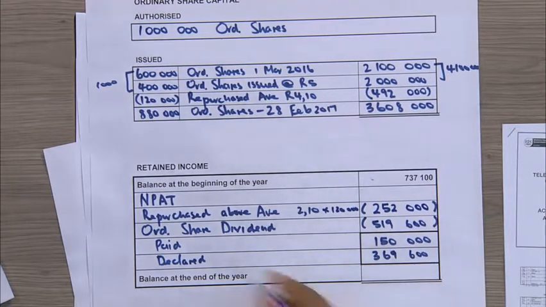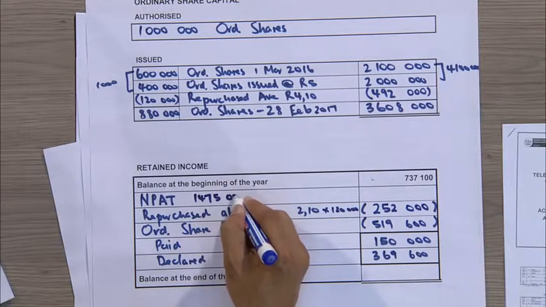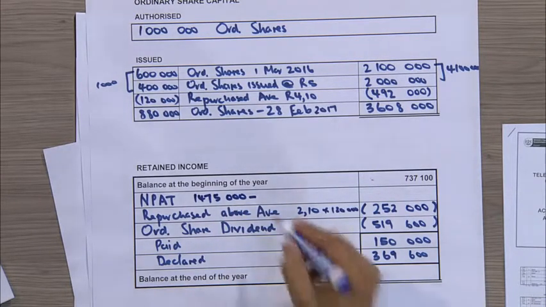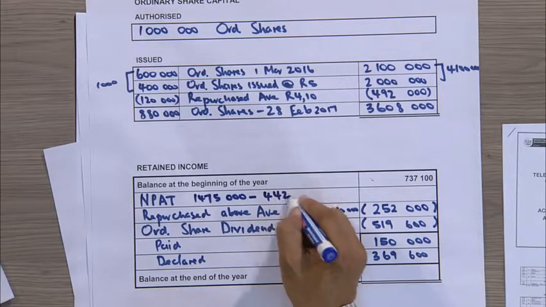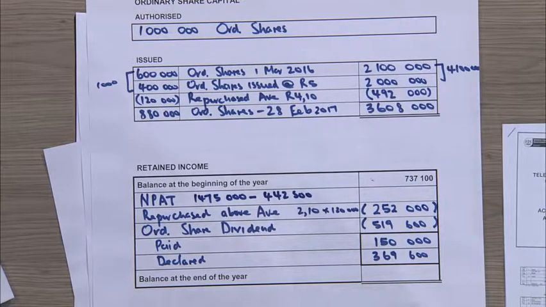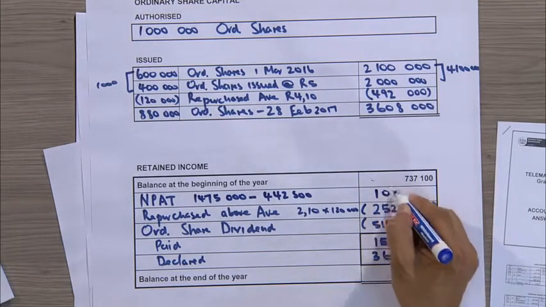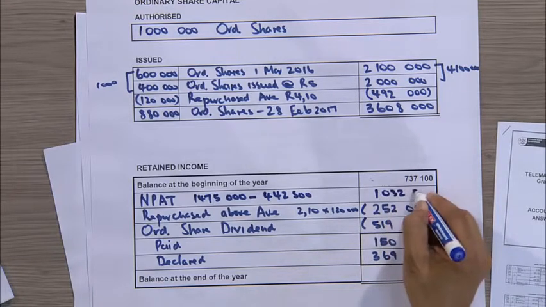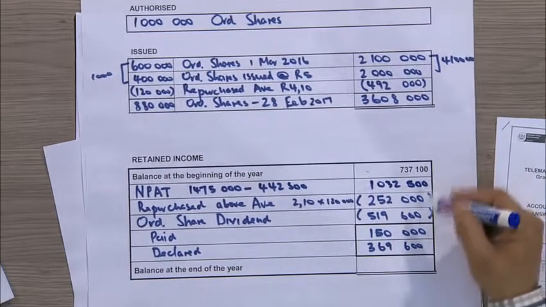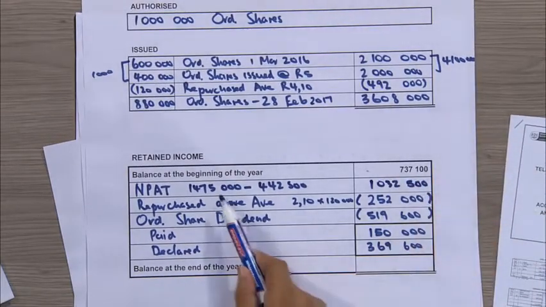Right, so the net profit after tax, 1,475,000 minus your income tax, 442,500. Then the income tax figure was 1,032,500. Okay, I'm going a bit fast, grade 12, but all these figures you'll find in your ledger.